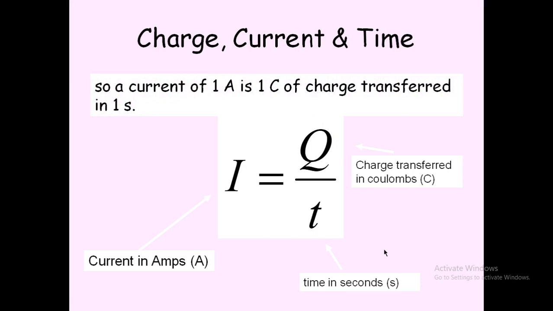Now a current of 1 ampere is 1 coulomb of charge transferred in 1 second. That we define as 1 ampere. So it is a division.